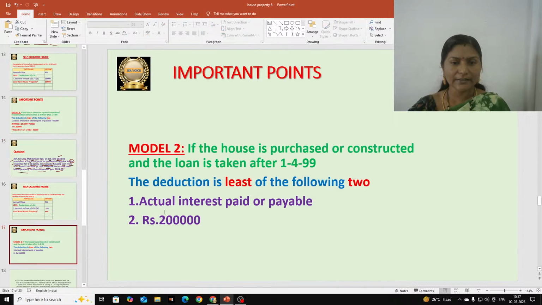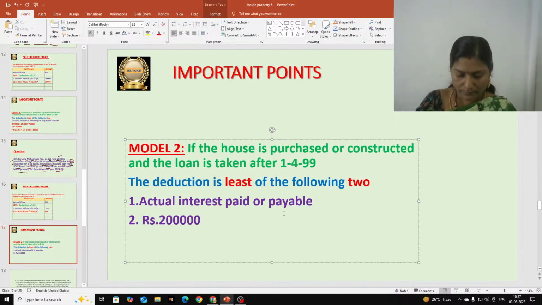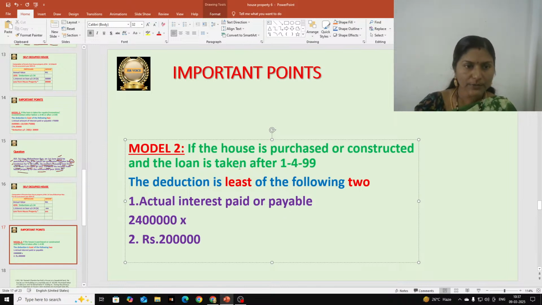Let us calculate that. 24 lakhs into, what is the percentage here? 14%. 14 by 100. Okay, how much will we get?